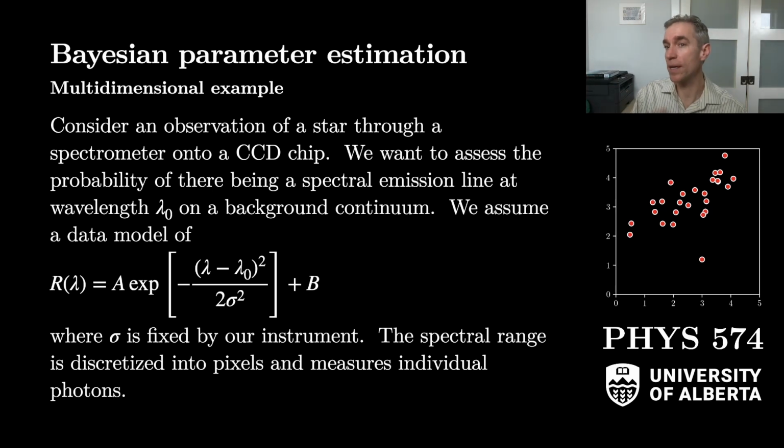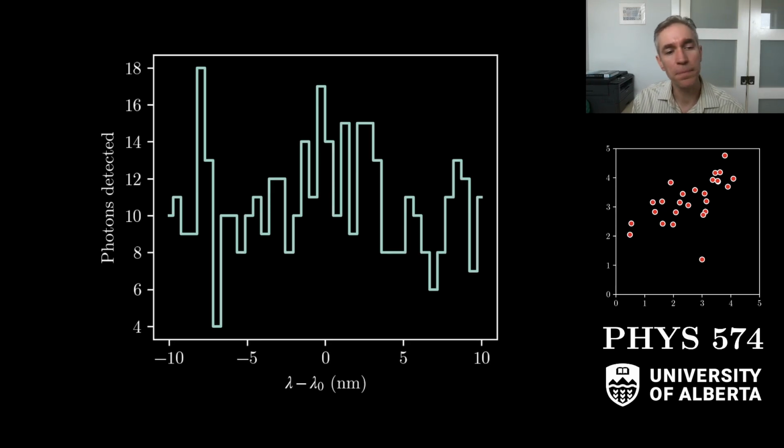And so if we collect a data set here, we get a result that looks a little something like this, where I plotted on the x-axis the separation of the line wavelength from the known wavelength. And then this is the number of photons that are detected. And then maybe there's a spectral line here, maybe not. So we would like to figure that out.